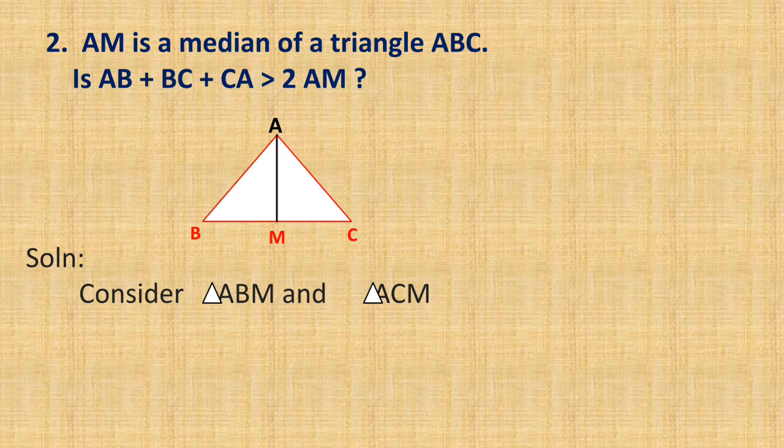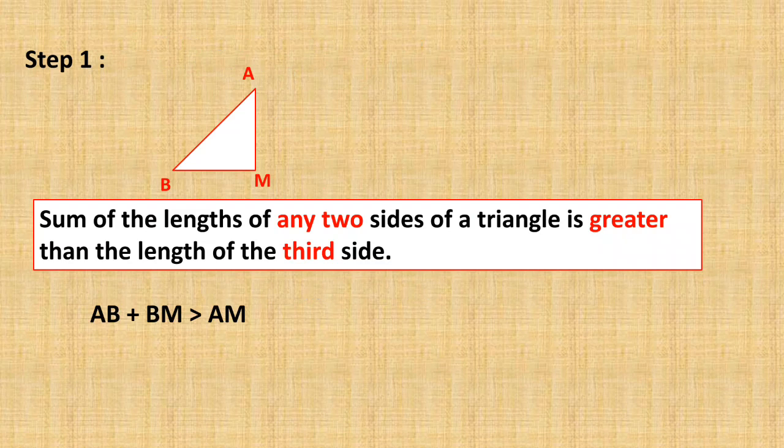We want to show AB plus BC plus CA greater than 2AM. On the right side, we have AM. So we take the remaining two sides, AB plus BM. By comparing with the given statement, we take AM on the right side, and the remaining two sides are left. Step 1: AB plus BM greater than AM.